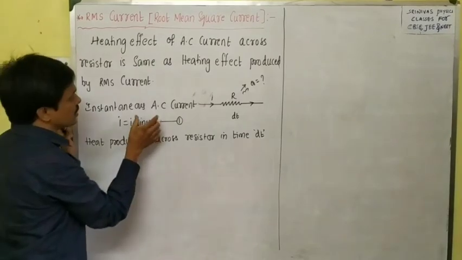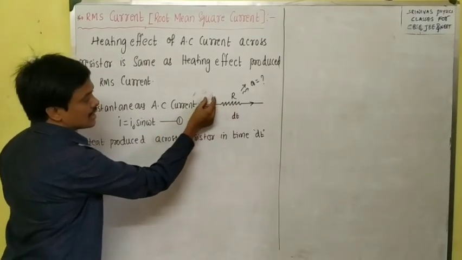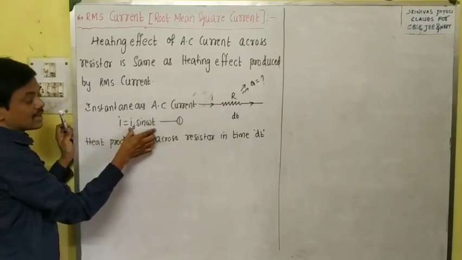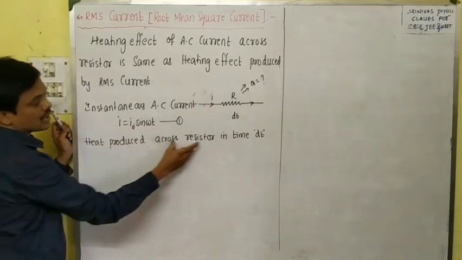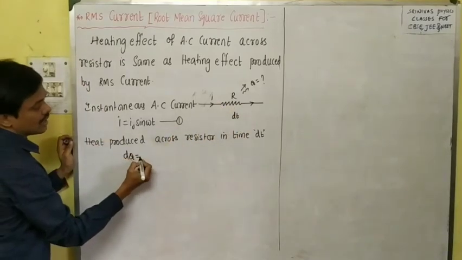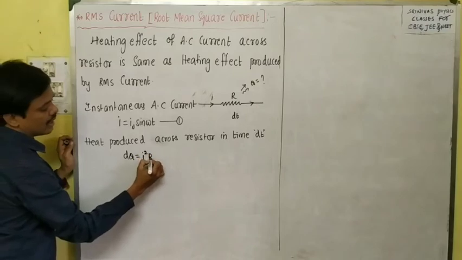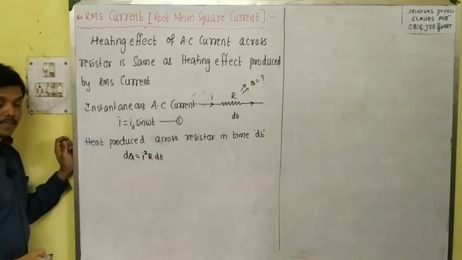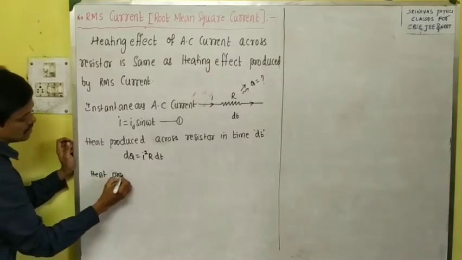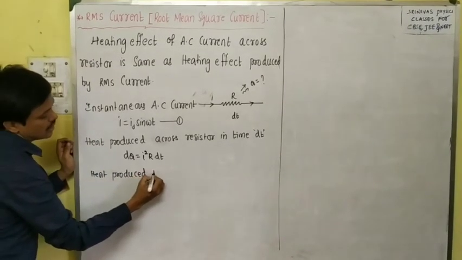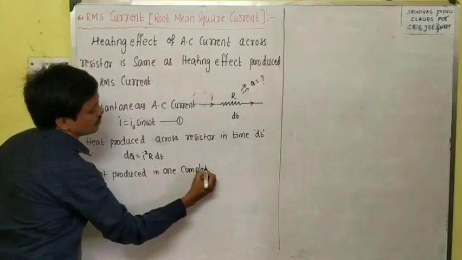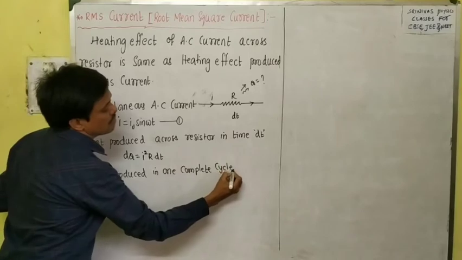Heat produced, for example, this is a resistor, across this current I passes at any instant of time. For AC current the formula is I naught sin omega t. Heat produced across this resistor in time dt: the formula is dq equal to I square R dt. And heat produced in one complete cycle by AC I want.